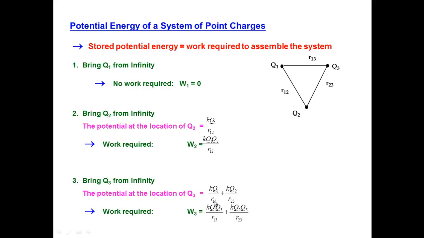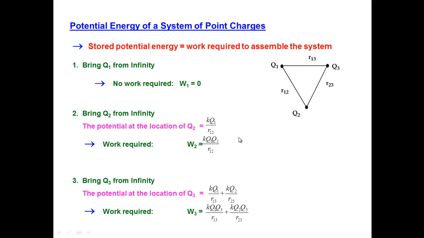KQ1 over R13, that's the potential due to Q1 at the location of Q3. KQ2 over R23, that's the corresponding contribution to the potential from charge Q2. So I add those up, multiply by Q3, and I get these two terms here. KQ1Q3 over R13 plus KQ2Q3 over R23. And you can see what happens.